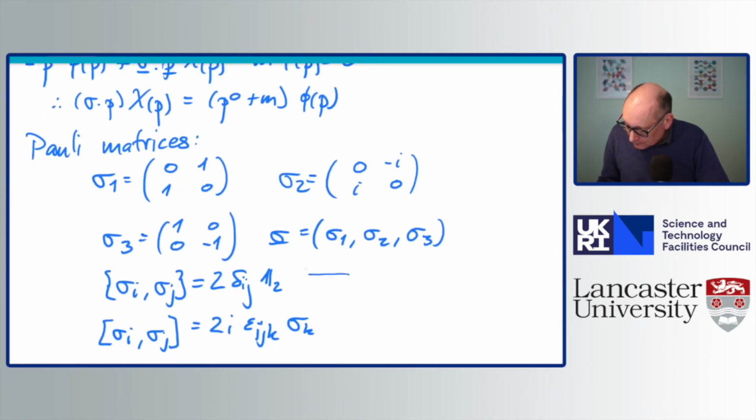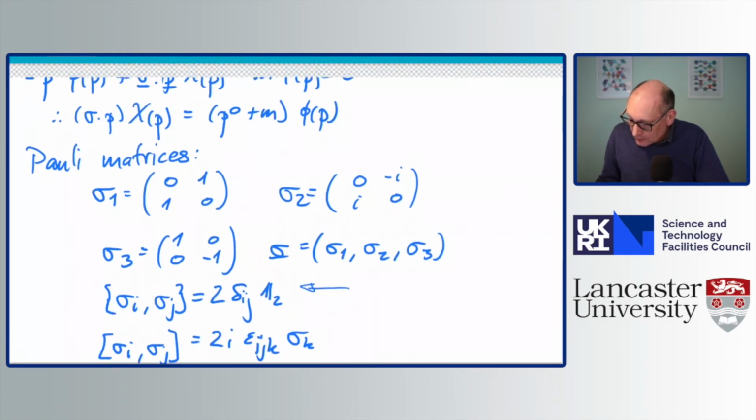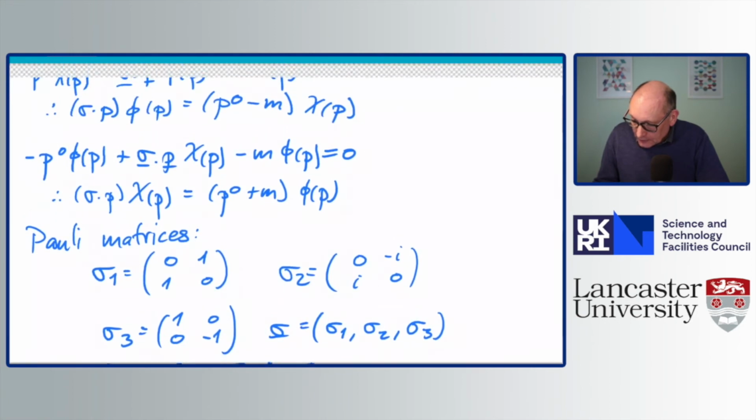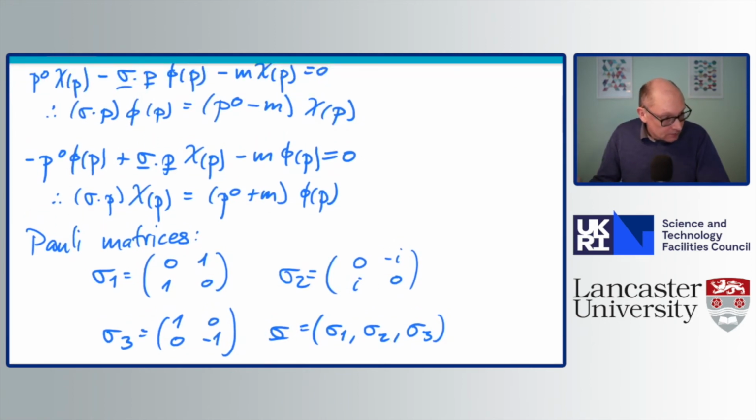With this relation, the anti-commutator will turn out to be useful to calculate the allowed energies p naught for the solutions parameterized in terms of psi and phi.